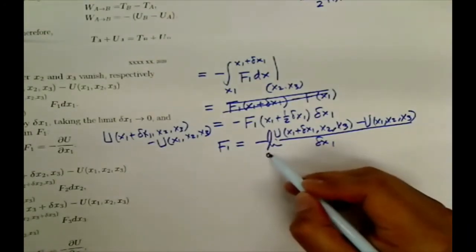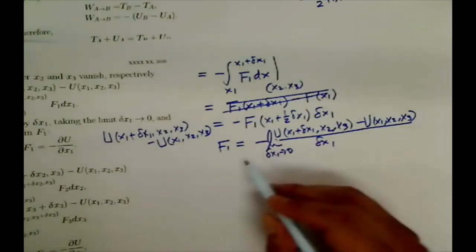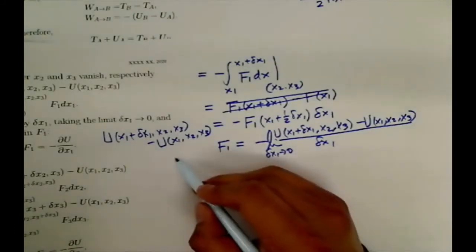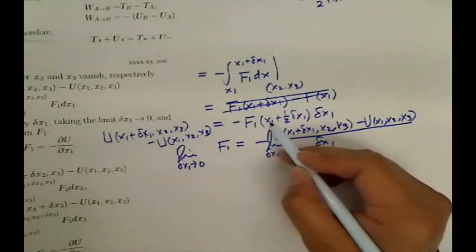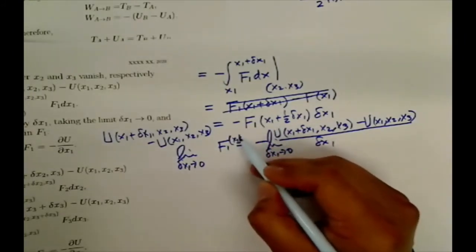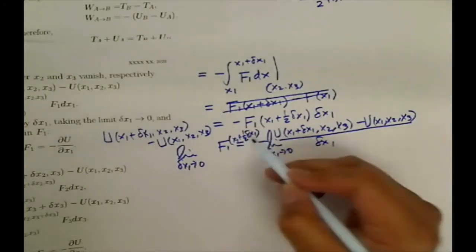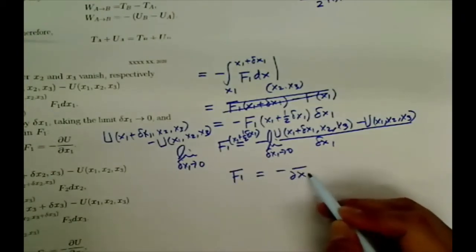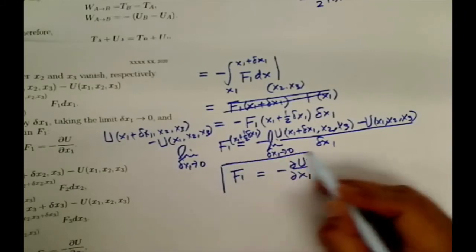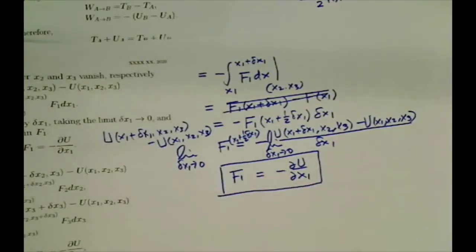Take the limit as delta x1 goes to 0, then this one is x1 plus 1/2 delta x1. Therefore, we have F1 is this.